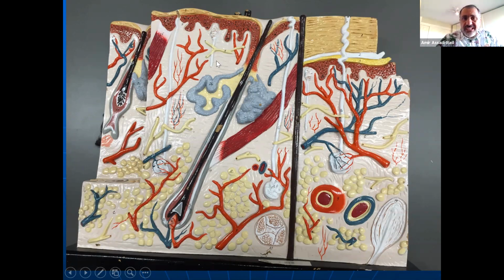Another protein molecule you should know is collagen. That's the most abundant protein molecule on planet Earth, collagen. So all of this dense irregular connective tissue in this area, not the blood vessels, not the gland, not these nerves, none of those.